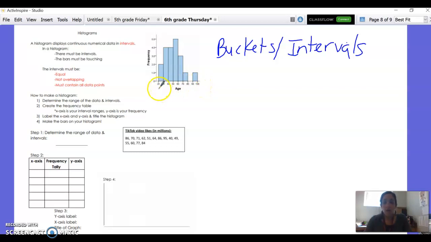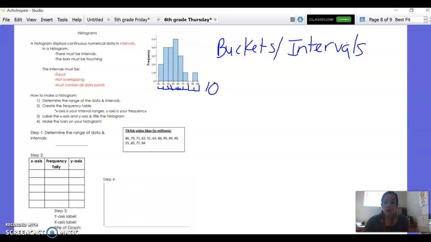And notice our intervals here are from 20 to 30, 30 to 40, 40 to 50, 50 to 60, 60 to 70, 70 to 80, 80 to 90, and 90 to 100. So we notice that the space between each of these bars would be 10. And in this case, it would be 10 years because we're talking about age. So that's what I mean by intervals, or we call them the buckets that are filled with the same amount.